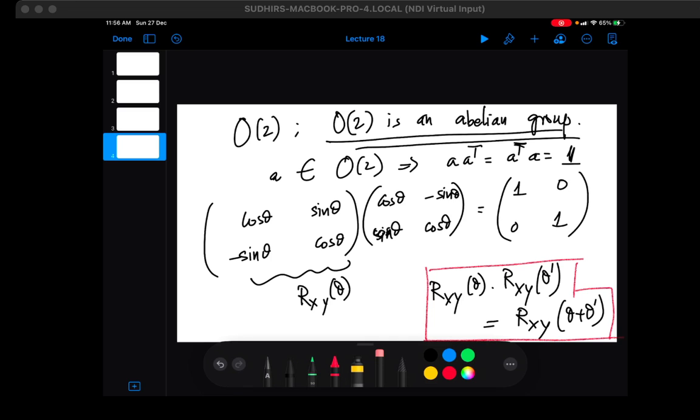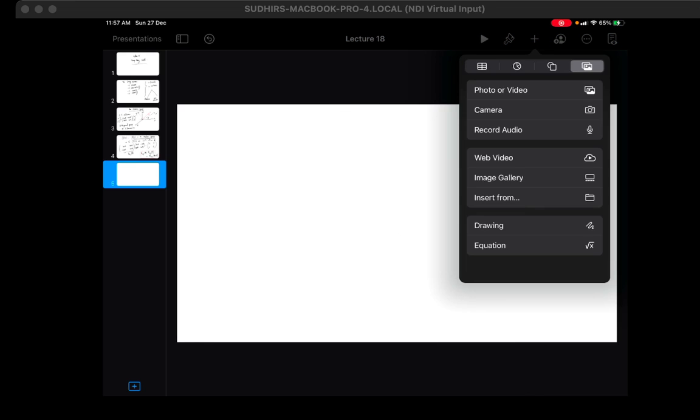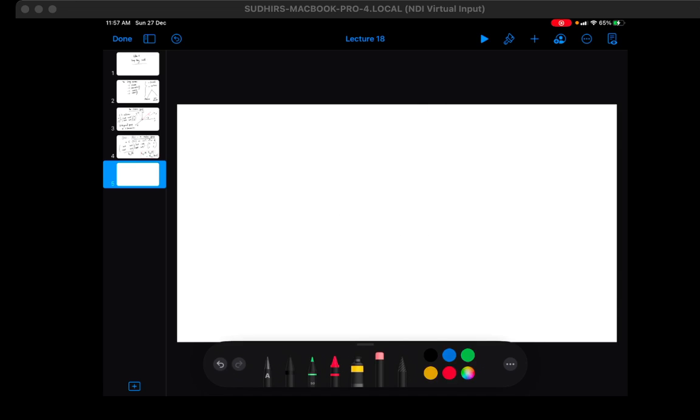You have r of theta times r of theta prime is equal to r of theta prime times r of theta. So the group is abelian.